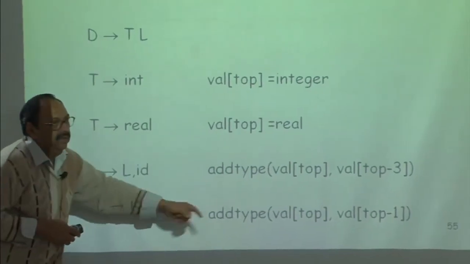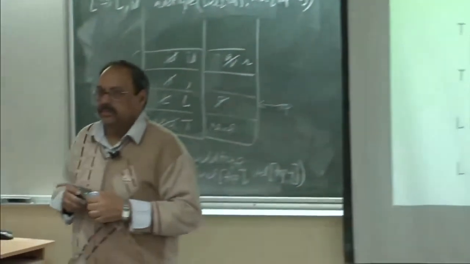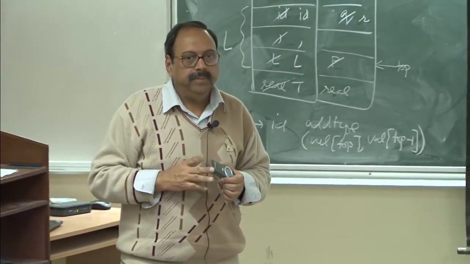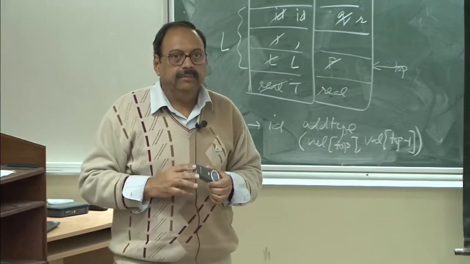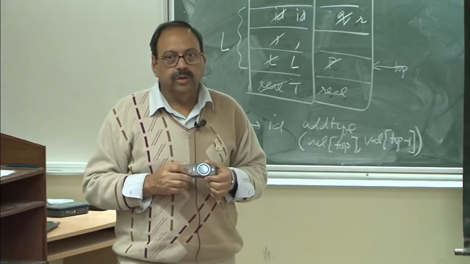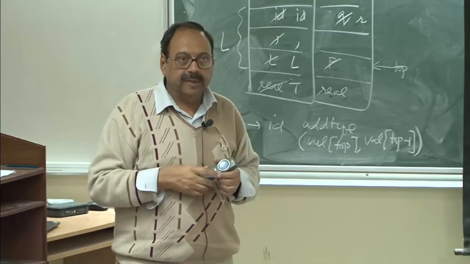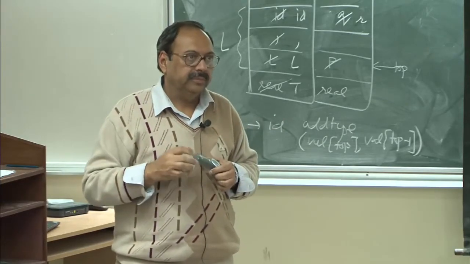Whenever this takes place, right place is top minus 1, and I am done. Right. So, I do not have to worry about inherited attributes at all. Inherited attributes are a notation which is easier to express, but really is not required. I can only deal with synthesized attributes.